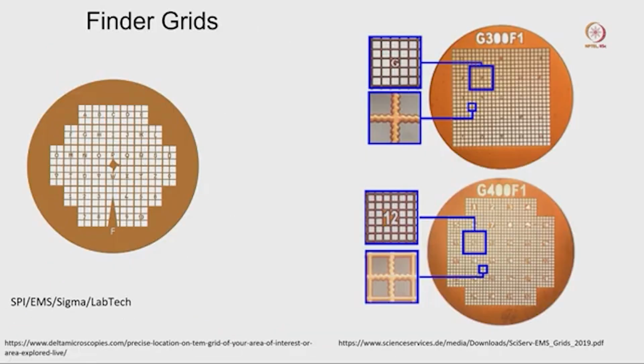Now the next one is, you will get different types of grids also, and these types of grids have certain kinds of markings. Those are called finder grids, mainly for cryo-electron tomography.